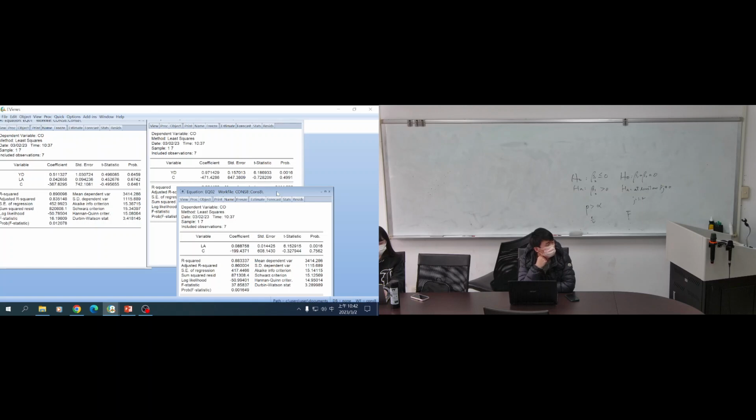And we all know that since this is all estimation, the explanation of the coefficient will be very important.